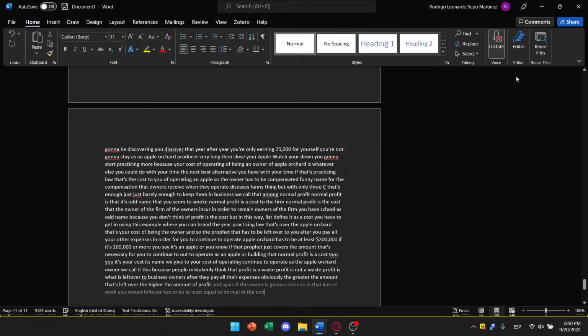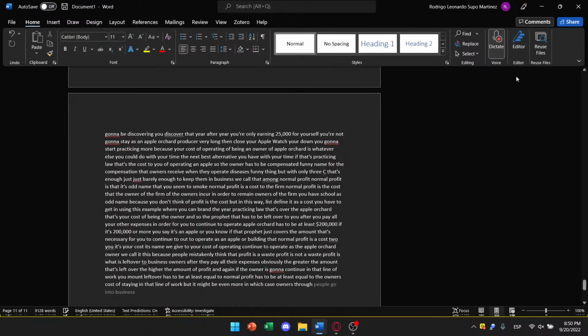It has to be at least equal to the owner's cost of staying in that line of work. But it might be even more. People go into business in order to make a profit, in order to at least compensate them for not doing their next best alternative, for not practicing law in this example.